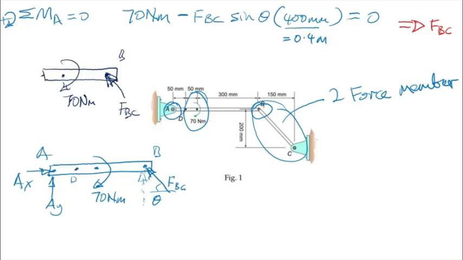And at point D here, we have the section. At the section, for solid objects, we have three components. We have the normal component, which we can assume to the right or to the left, doesn't matter. We have a vertical component, so we have N, the normal force. We have V, which is a shear force. And we have a moment, M. These are all at point D, so MD, ND, and VD.